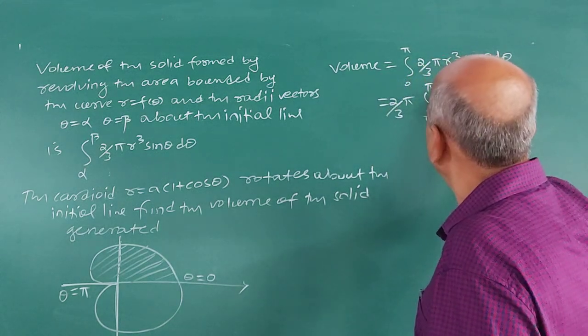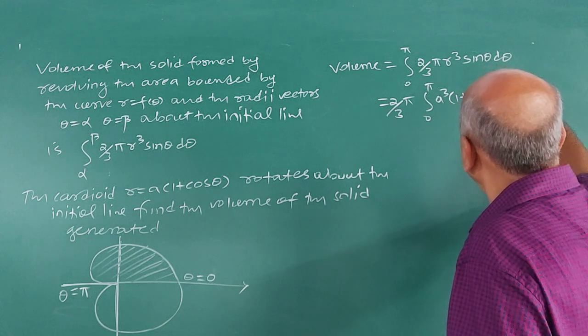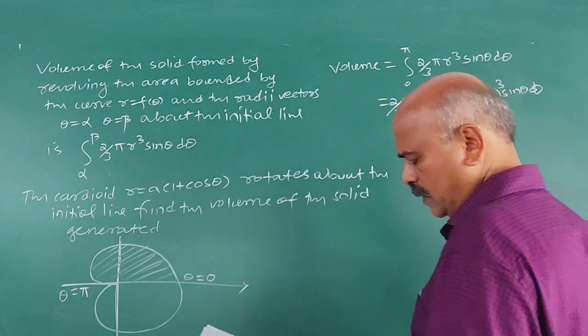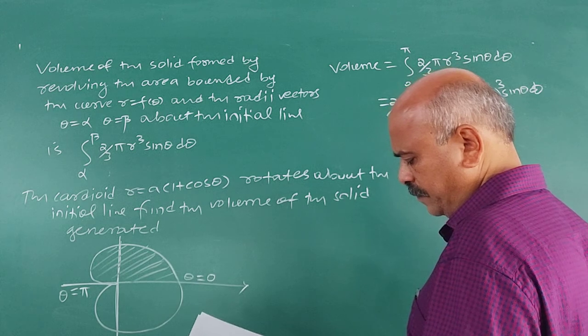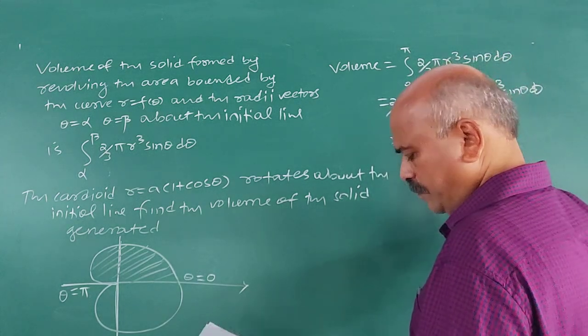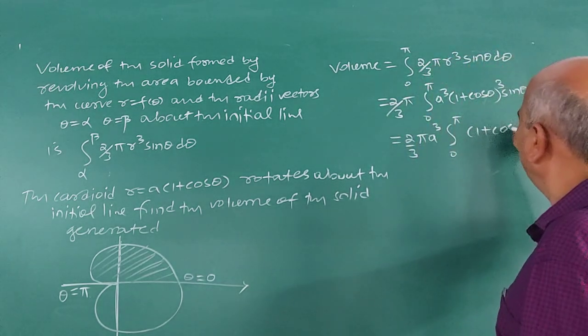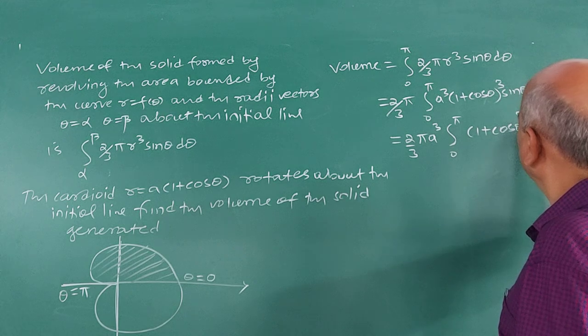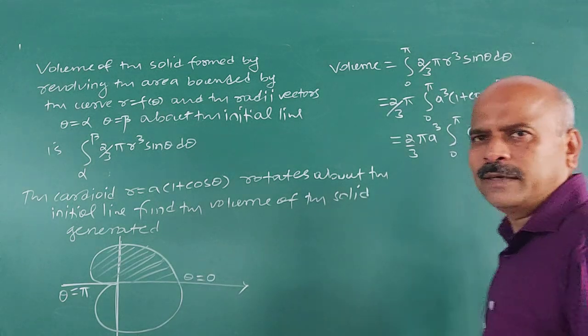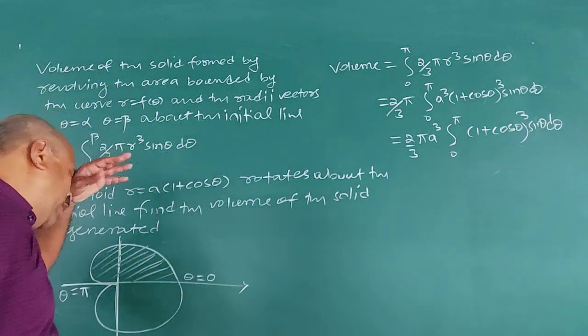R cube is a cube into 1 plus cos theta cube. Therefore, 2 by 3 pi a cube times the integral from 0 to pi of 1 plus cos theta cube sin theta d theta.